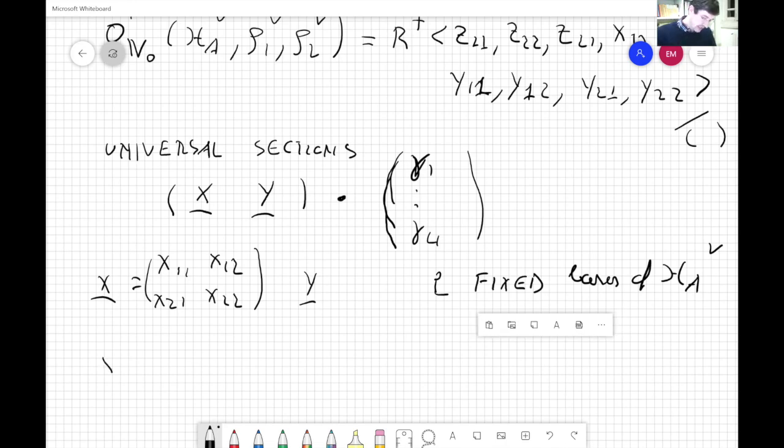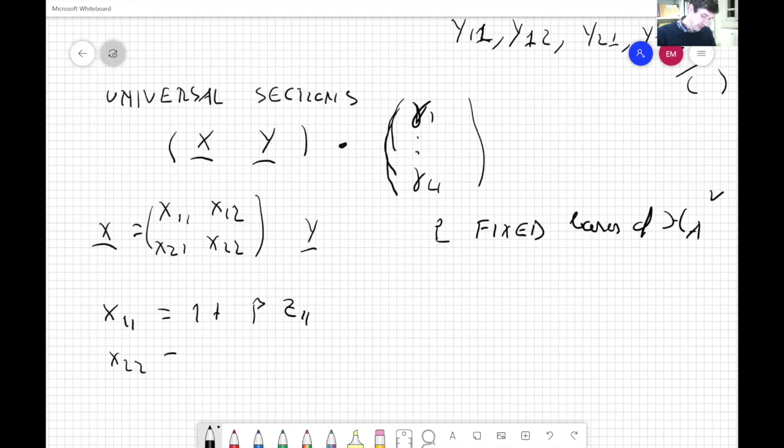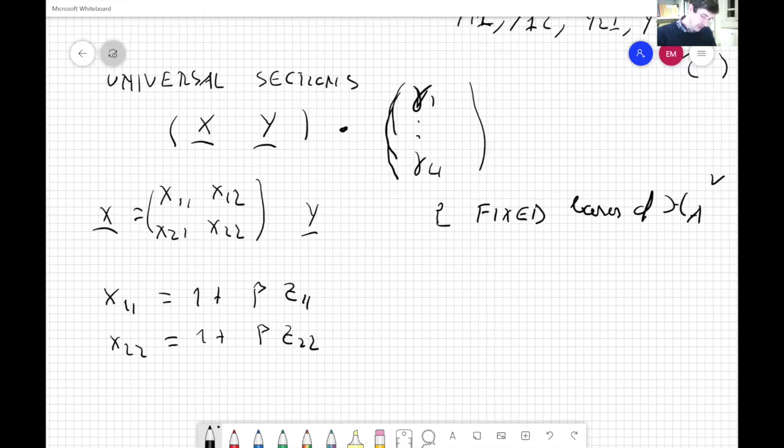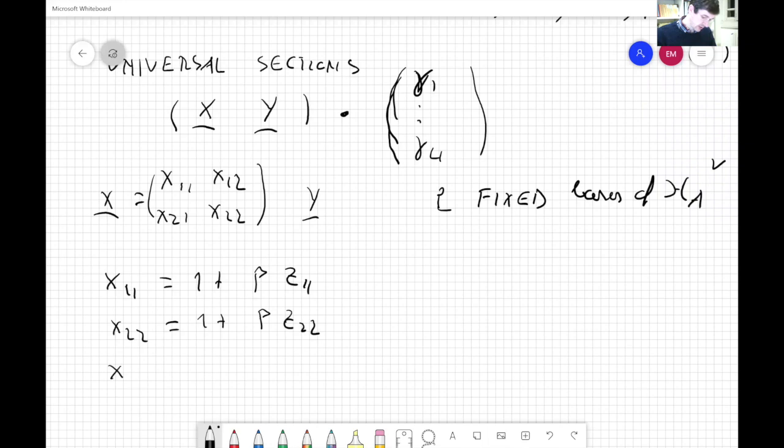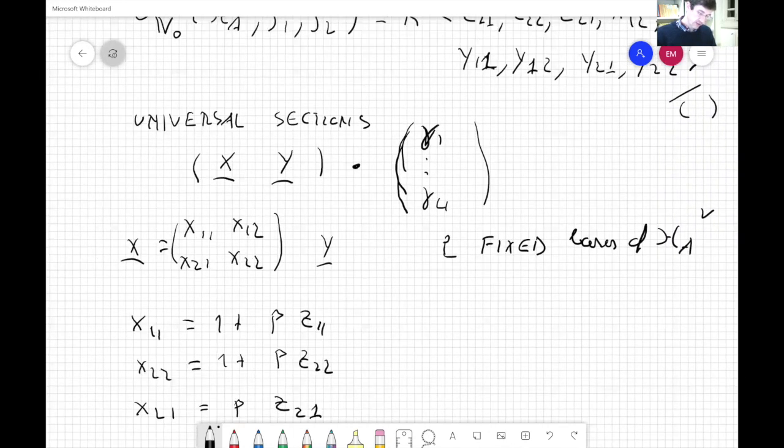And actually that is given by the fact that there is a relation between the entries of this matrix and the z_i's that appear. So you see I'm defining a partial blow up that takes into account the extra condition appearing in the definition of V_0. Okay? So very, very explicit.